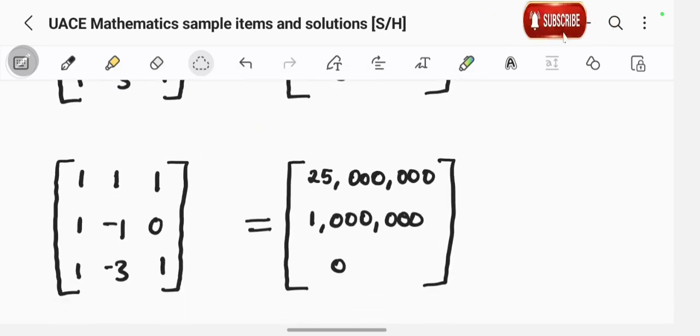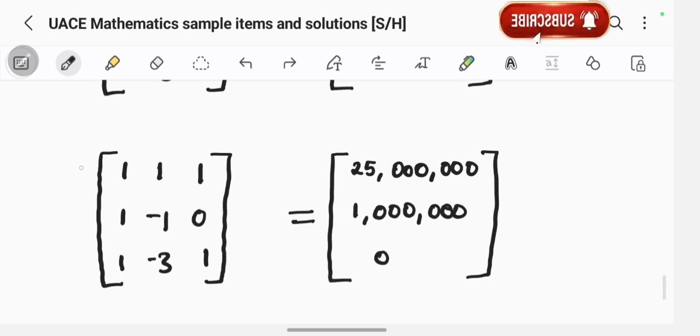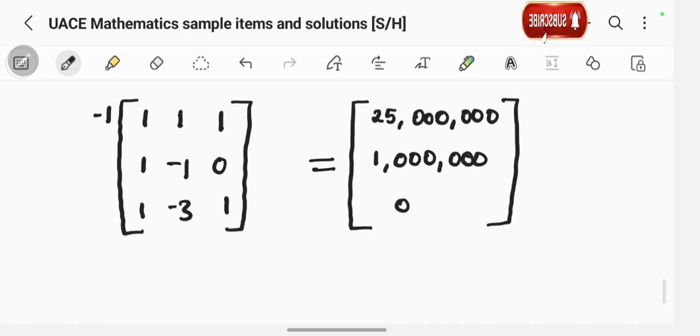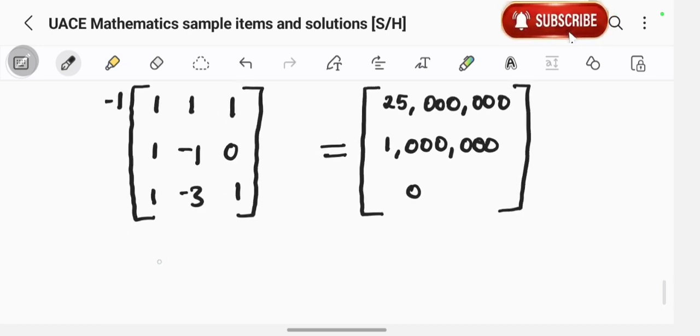So I'm aiming at making this point a 0. This one I want to make it a 0. So how do I make it a 0? I multiply negative 1 with the first row. When I multiply negative 1 with the first row, your solution down is going to be, first write that first row without altering anything.